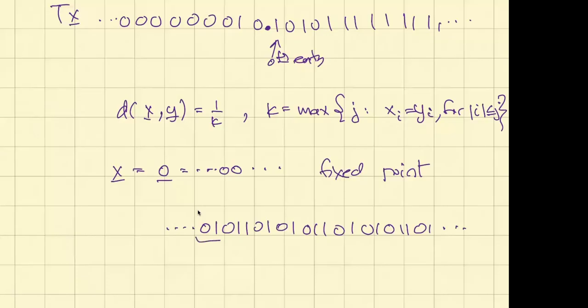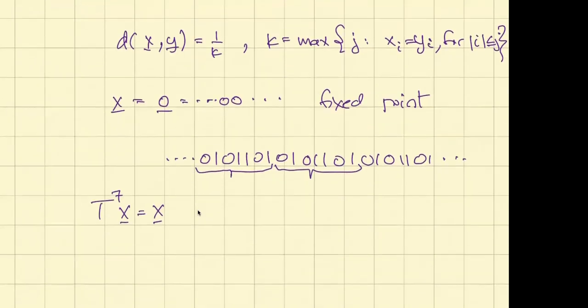So if I haven't made a mistake, I chose a repeating block of length 7. And so what this means is that T to the 7th of x equals x. And so this is an orbit of length 7. And so similarly, I can construct periodic orbits of any length that I'd like.